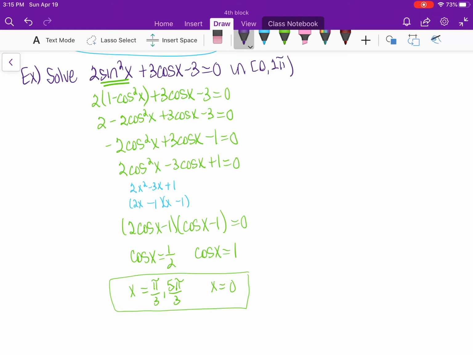Okay, now the last couple of examples are going to have what we call a multiple angle.